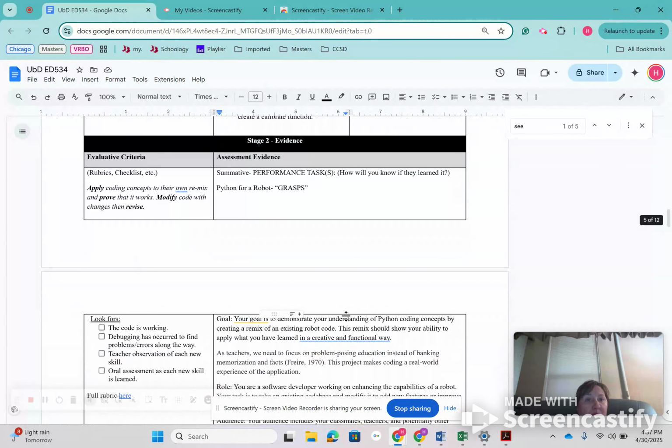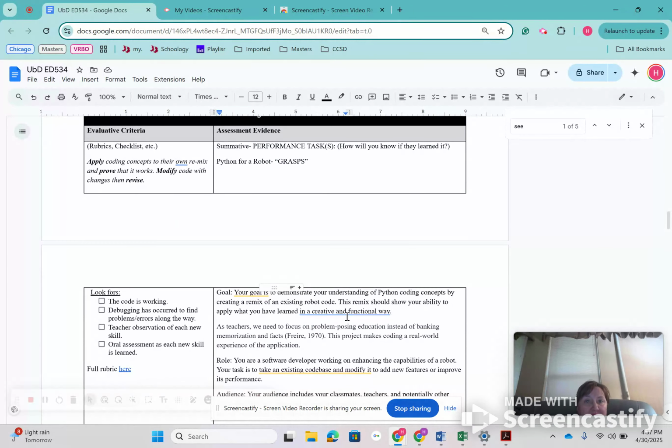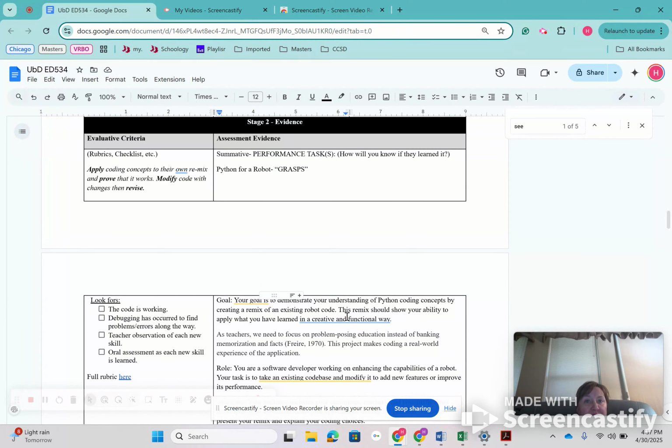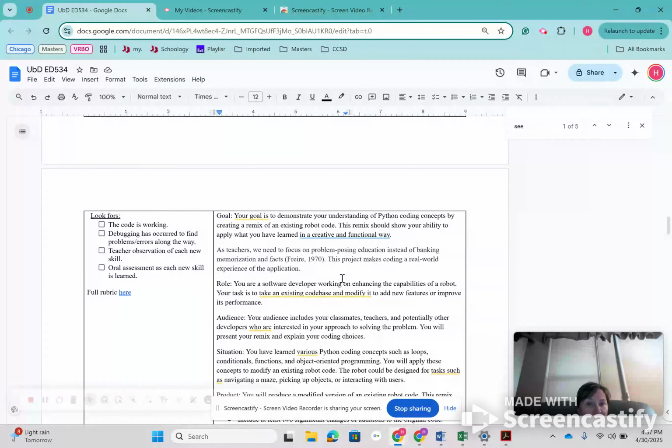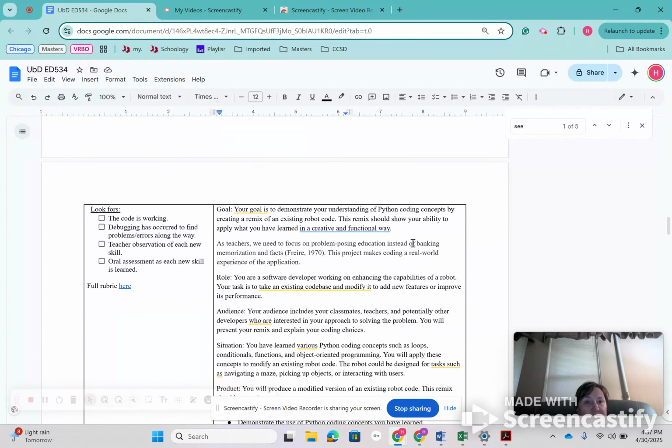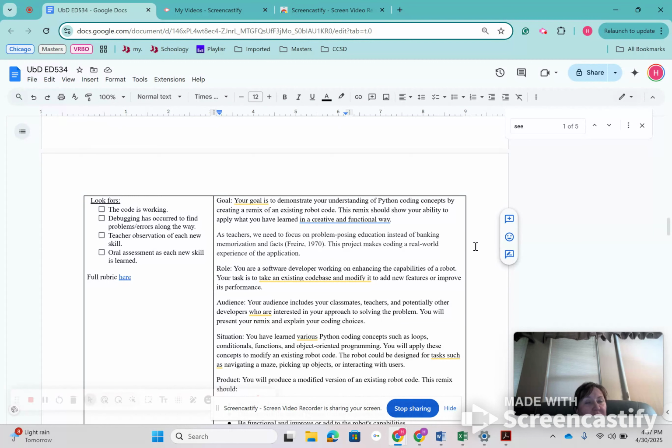Then the performance task, the summative, is, like I said, a remix where they will demonstrate any new learning. So they can use creativity and really work on a project-based or problem-posed education instead of just memories and facts.